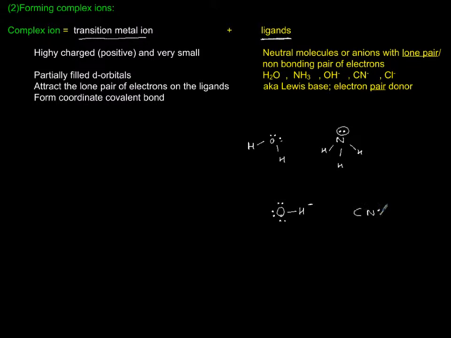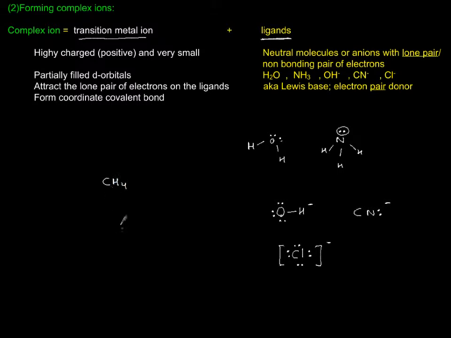On nitrogen, you have a non-bonding pair of electrons. If you look at chloride, then again it has all non-bonded pairs of electrons ready to attach itself to a transition metal.